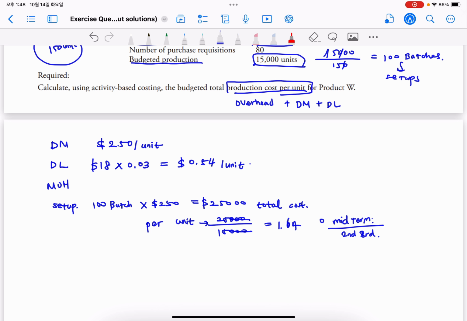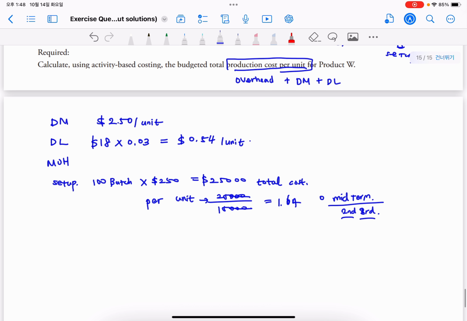But if you are on the right track, if you're on the right path, then that's going to be enough. Okay, so don't worry too much about number differences with the exact solution. As long as you're on the right path, you'll be able to get a full score.